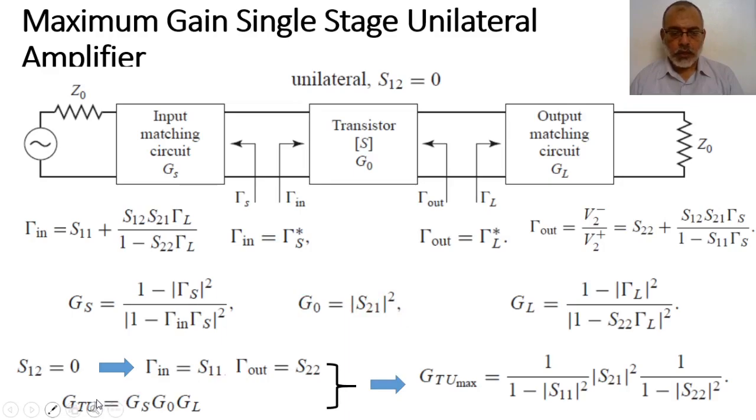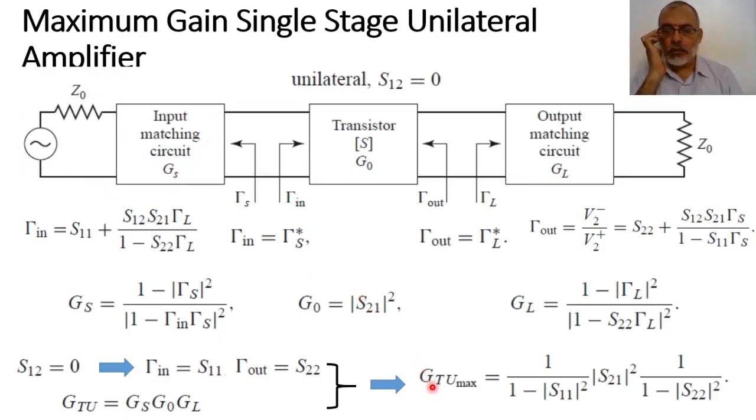Here GS would be unity and GL would be unity, assuming that there is no reflection from the output matching network, so we have matched here, so gamma L is 0, and we have matched here, so gamma source is 0.